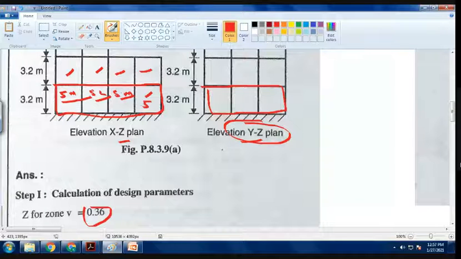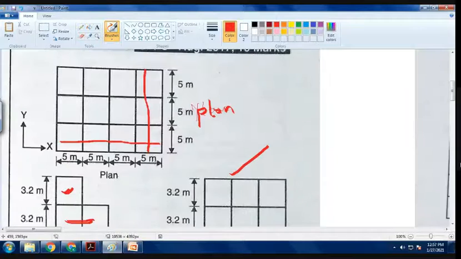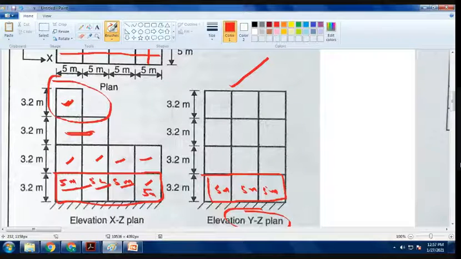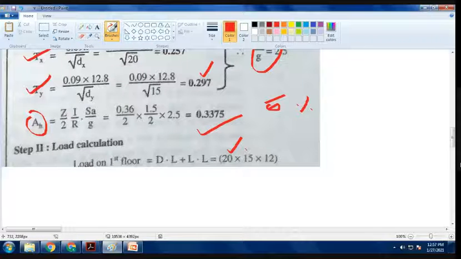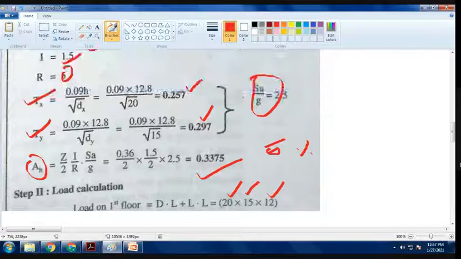How much is it? 20. Here it is 5 meter, 5 meter, 5 meter. So 20 by 15. In plan you can't justify this one, so you have to see the plan and the elevations. Therefore 20 multiplied by 15, and he has directly given the dead load, so it is 12 kilonewton per meter square.